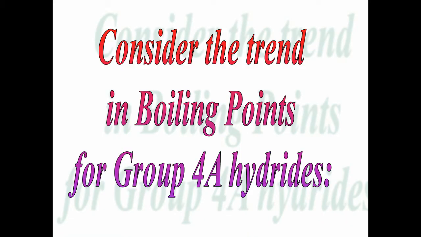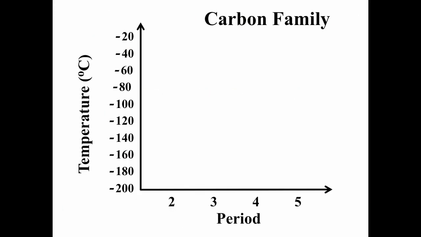Okay, so let's now consider some examples, and the first one for today's screencast is the trend in boiling points for the group 4A hydrides. So we're dealing with the carbon family of elements, and we're going to graph their boiling points as we go from CH4 on through the other elements in the carbon family that are hydrides.